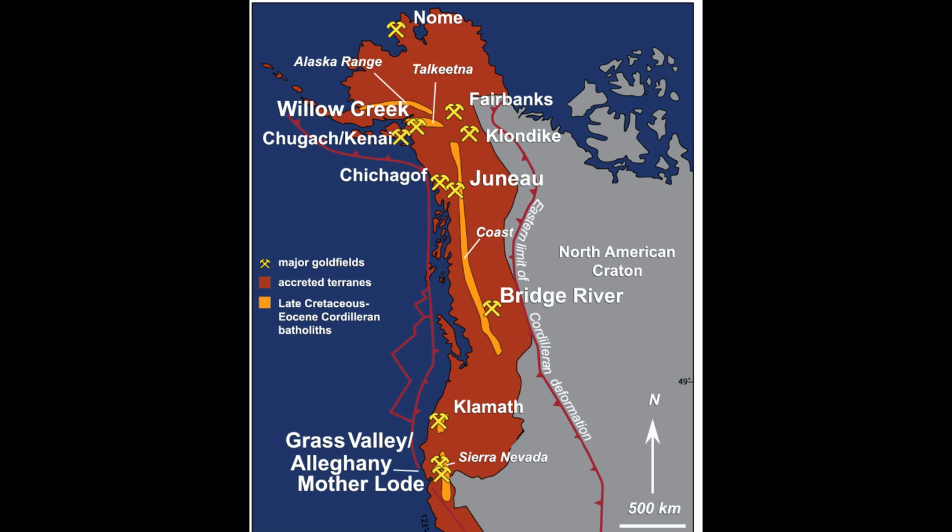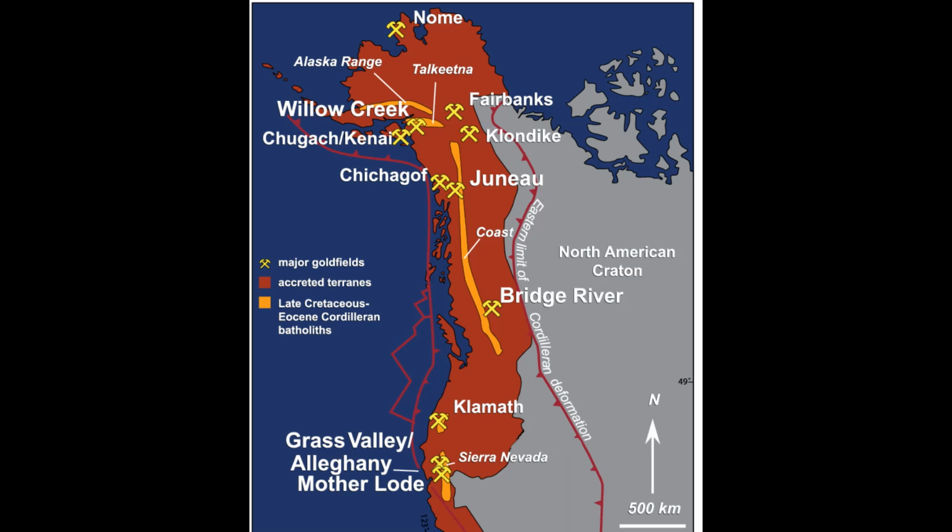This map shows the extension of these types of deposits northward toward and into Alaska. The kind of brick red colored material is all terrain or ground that's been shoved onto the North American continent by tectonic plate collision. And you can see that quite a bit of North America is material that's been shoved up onto it from these plates sliding under one another.